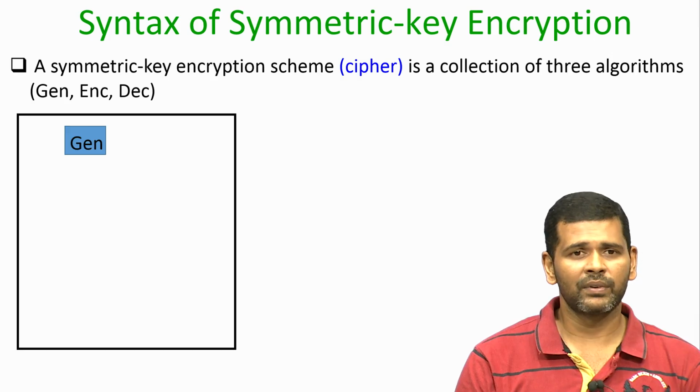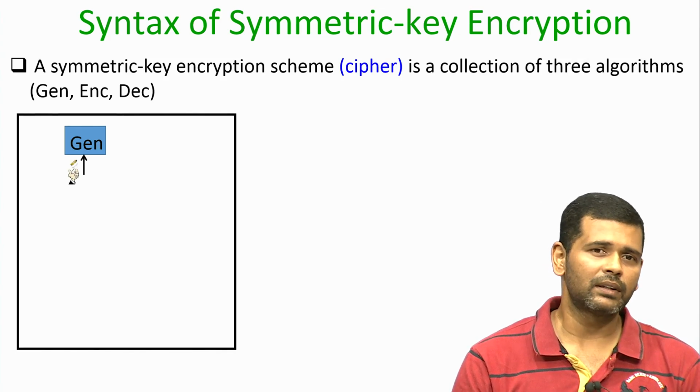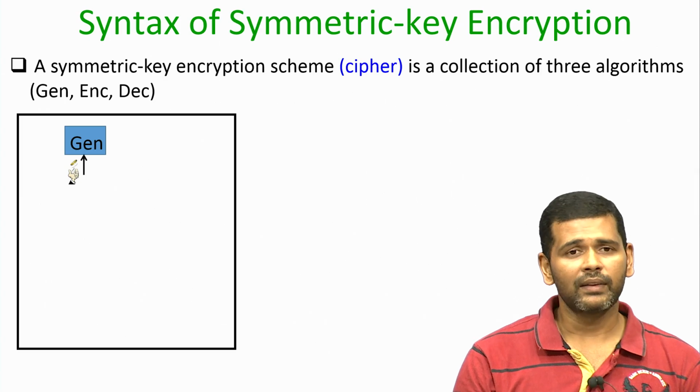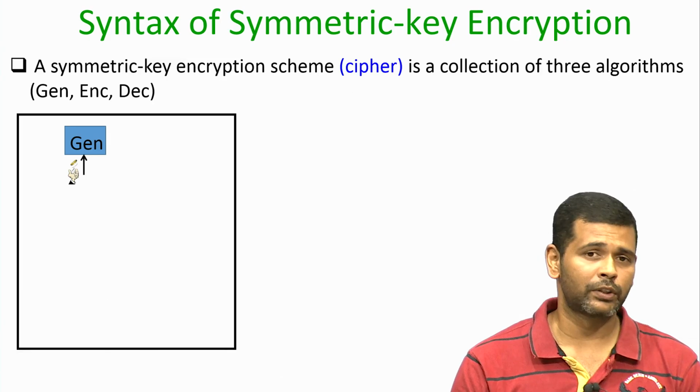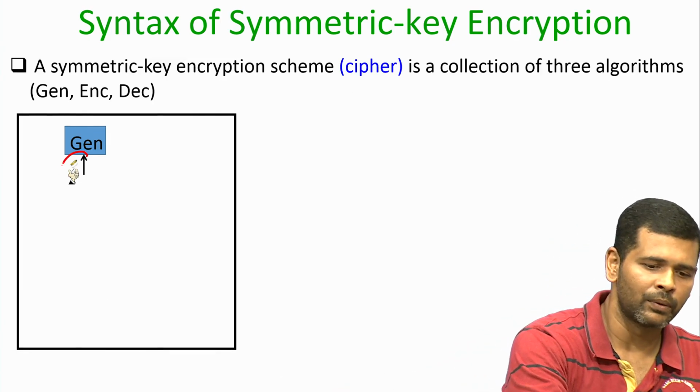The first algorithm is the key generation algorithm, which is denoted by gen, and this algorithm is not going to take any external input. What this algorithm is going to do is, as part of the algorithm, inside there will be some random bit strings which are going to be generated, which I denote by this particular notation.